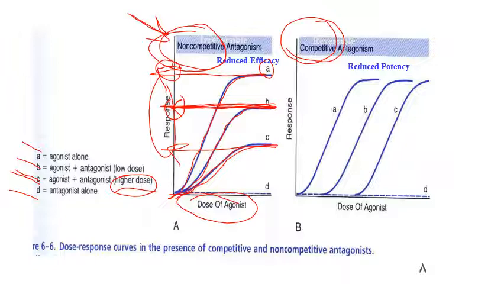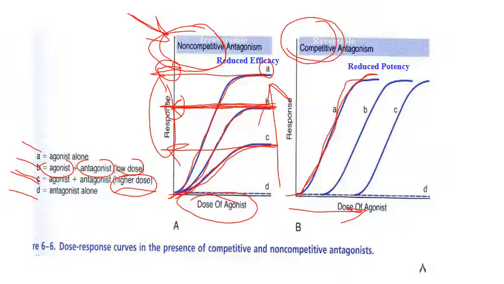In the presence of competitive antagonist, in case A, we have the agonist alone without the presence of competitive antagonist. As you can see, increasing the dose will increase the response. In case B, where we have an agonist and antagonist at low dose, there is a shift in terms of potency.